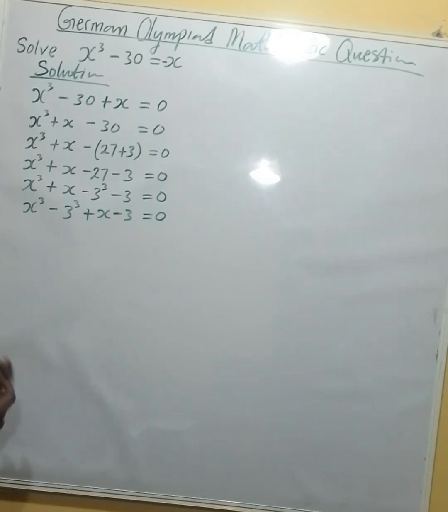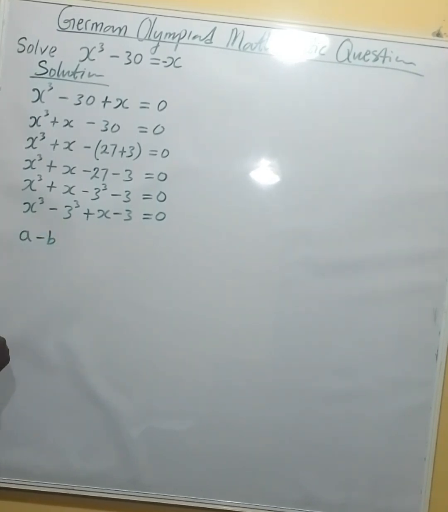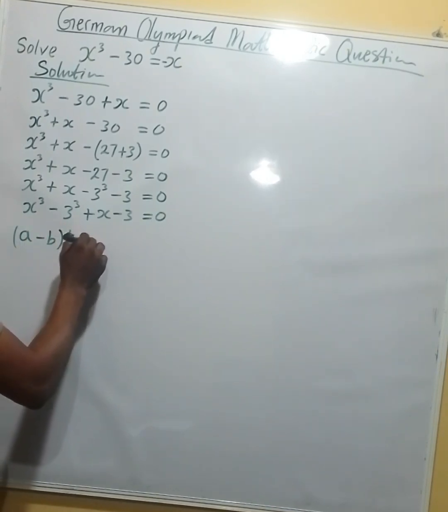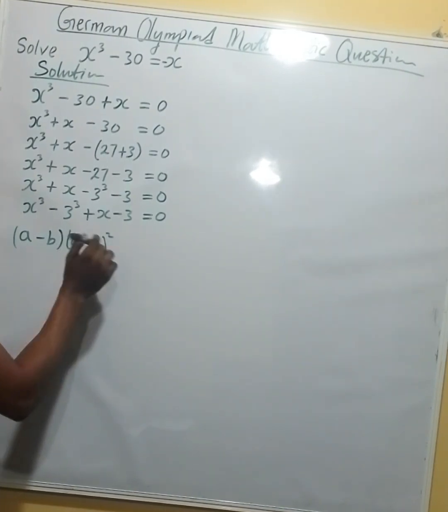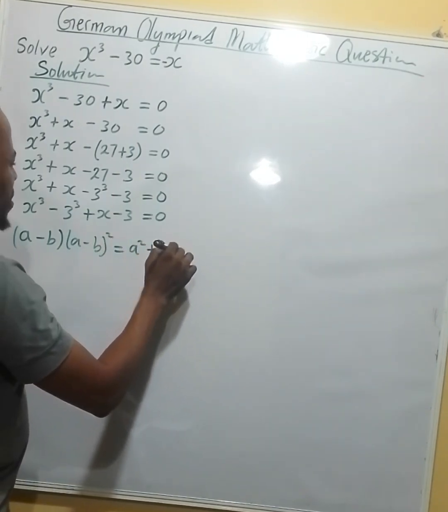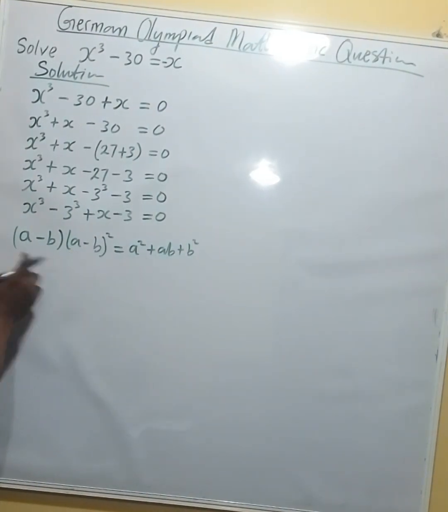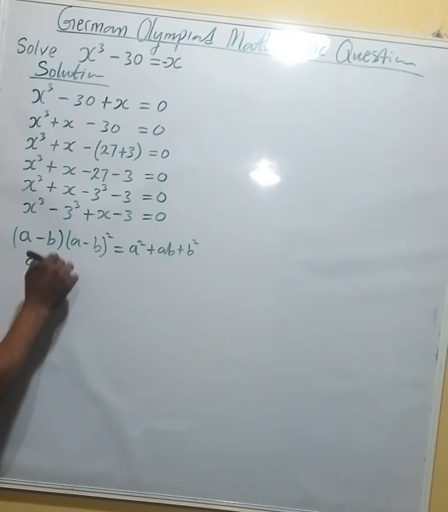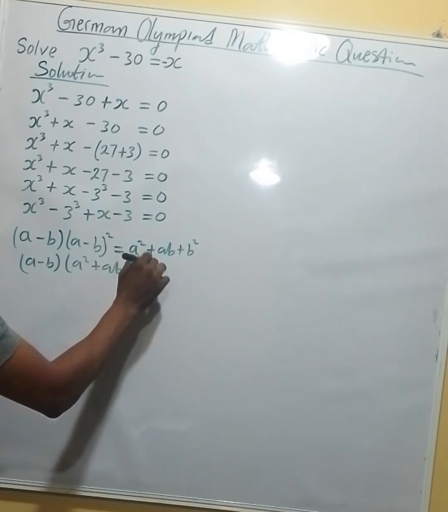So you will now apply the formula: when we have a cube minus b cube, it is a minus b into a squared plus ab plus b squared.